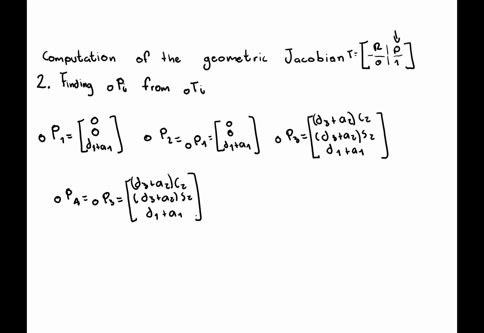And then finally, we have 0p to our end effector, which is d3 plus a2 times cosine 2 plus a3 times cosine 2 cosine 4.